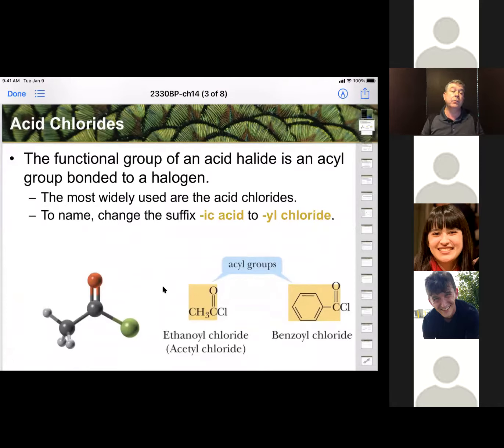What we're gonna do is we're gonna drop the IC, so we're gonna keep the O, drop the IC and add YL. So it's gonna be ethanoyl chloride, okay? So again, we're leaving the O from the oic acid and we're adding a YL. So it's ethanoyl chloride. Or if this was benzoic acid, it's benzoyl chloride. Okay. So that's how we would name that group.